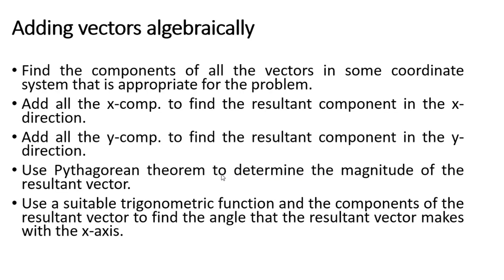Then we add all the x components to find the resultant component in the x direction. The same way, we add all the y components to find the resultant component in the y direction. Then we use the Pythagorean theorem to determine the magnitude of the resultant vector, which we just did for the previous vector A.